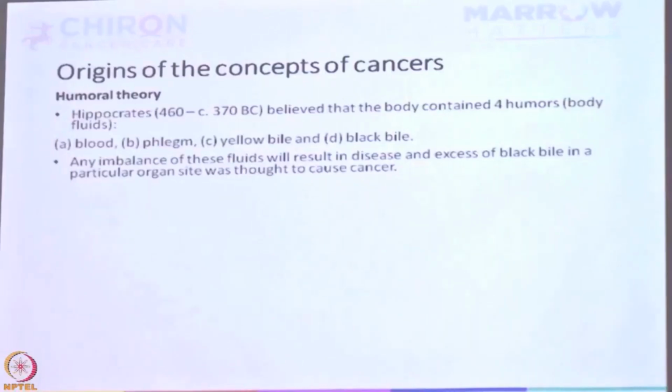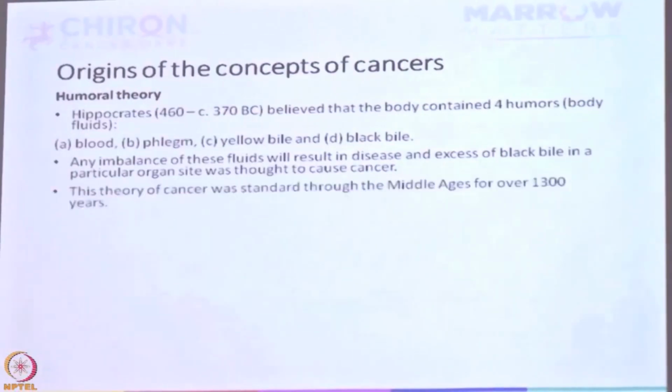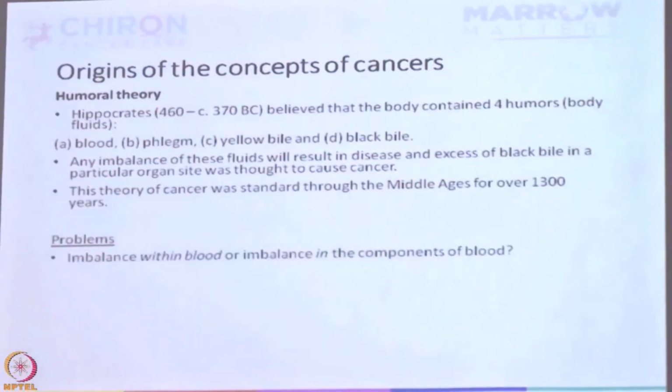He really did not have the opportunity to test his theories, right, but he had his theory, like Freud had his theories, and he thought it was imbalance. And this theory of cancer actually went on for 1300 years. There are 4 fluids, imbalance in the fluid, something happens. But there were problems with this.